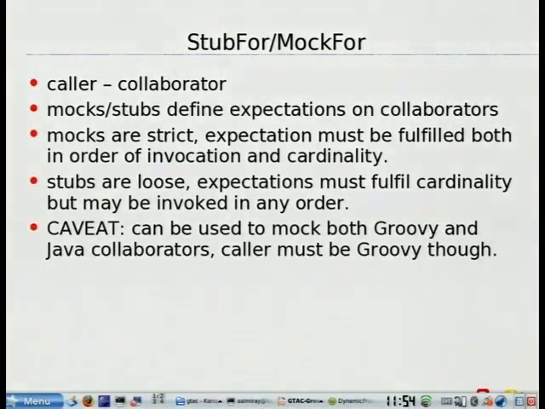Mocks are strict. You define expectations on them, and you are expecting those expectations to be fulfilled in the same order as you define them and in the same cardinality. If you say getString should be called twice, then if your caller doesn't call getString twice, there is an error.